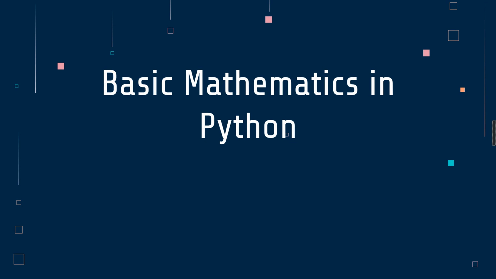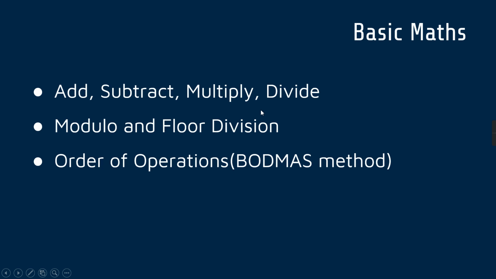Everyone, in this video, we will look at the basic mathematical operations that we can perform in Python. When we talk about the basic mathematical operations, the ones which would instantly come to our mind are addition, subtraction, multiplication, or dividing two numbers.